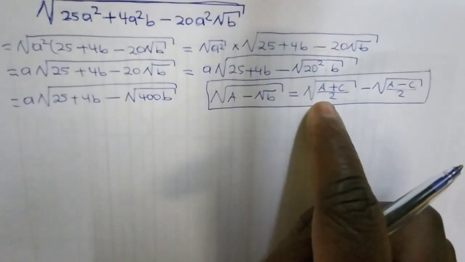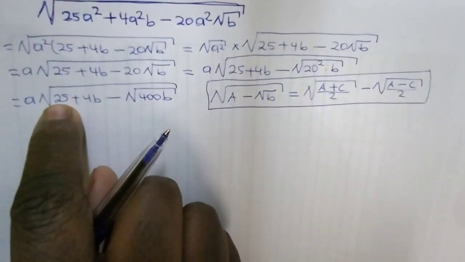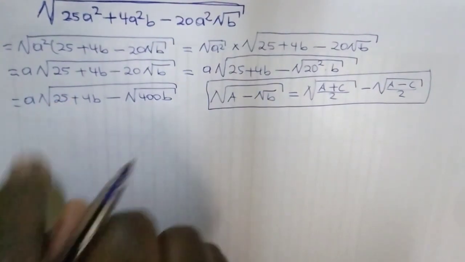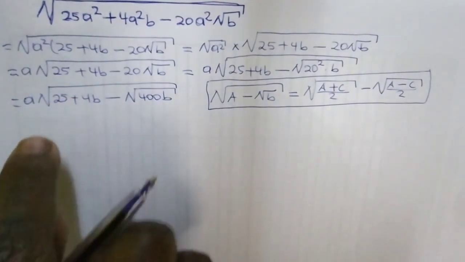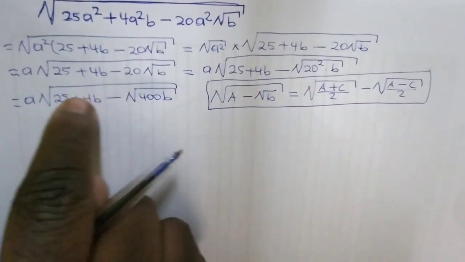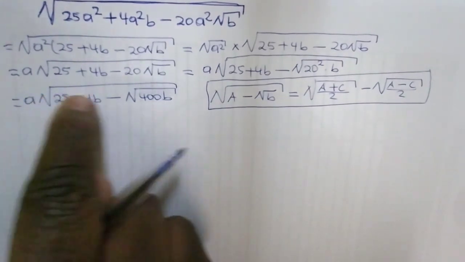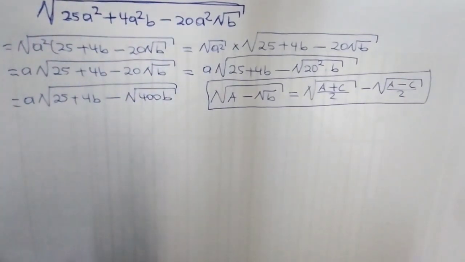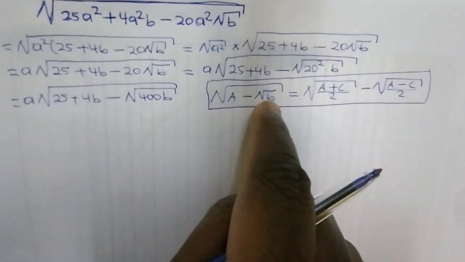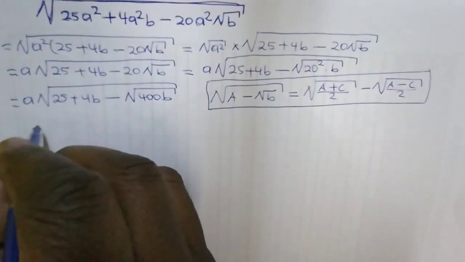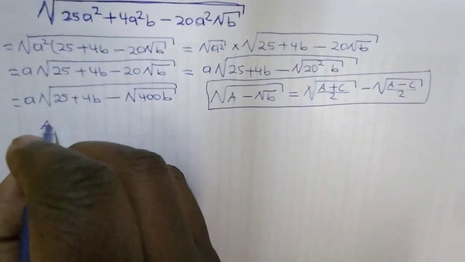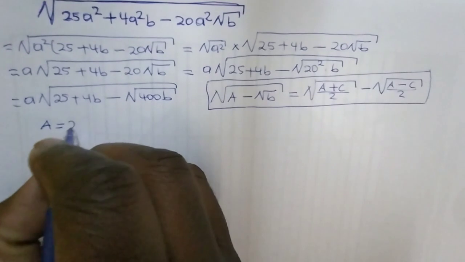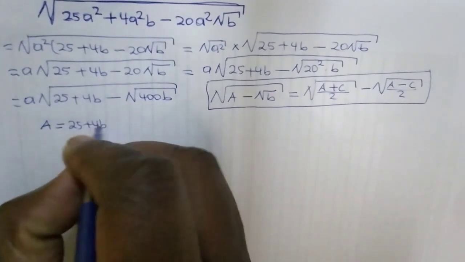So by looking at this double radical equation, I see that this expression here can be represented by a, and the expression under the radical sign will stand for b. So I'm going to say my a is 25 plus 4b.